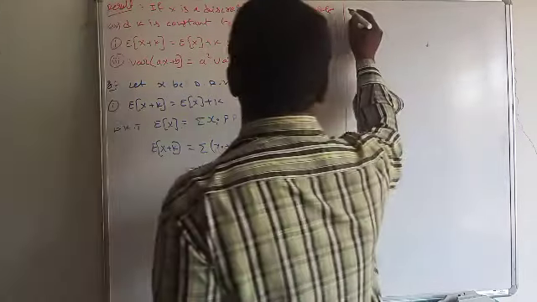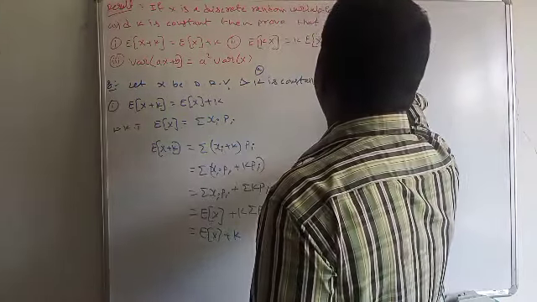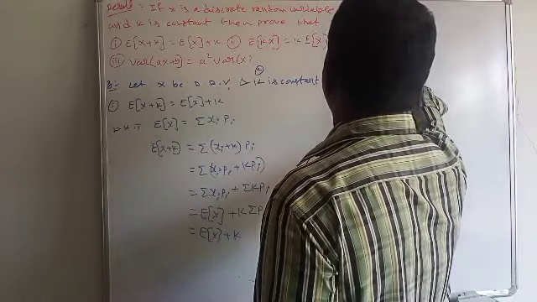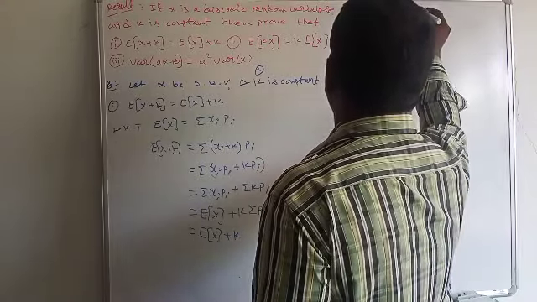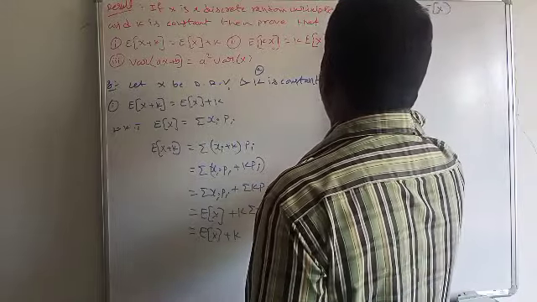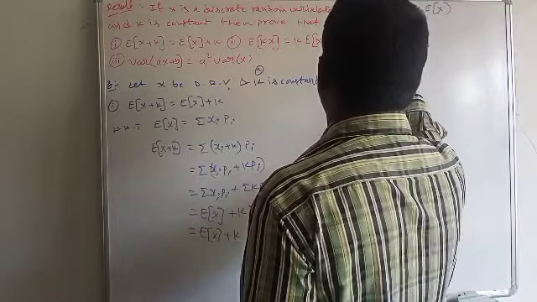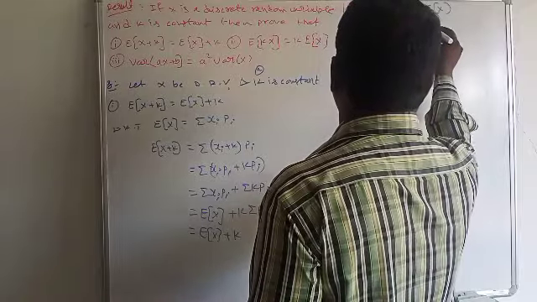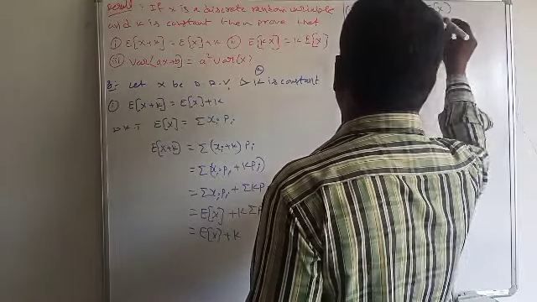Similarly, the second one: the expectation of kX is equal to k into the expectation of X. Similarly, with the same formula, we know that the expectation of X is equal to the summation of xi pi.